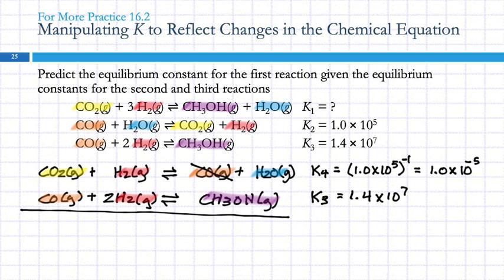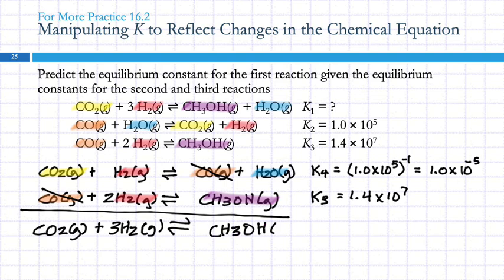The CO gets formed there and destroyed here. CO2 gas plus 3H2 goes to CH3OH and H2O gas.